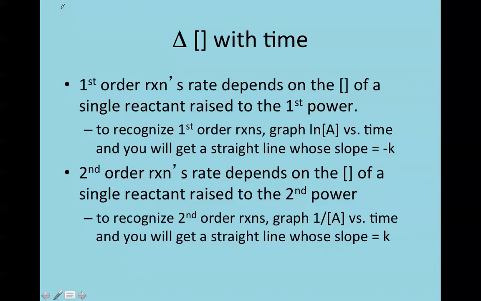Any graph that you ever see of a reaction, if we are graphing on the y-axis the concentration of some reactant, we'll just call it A, versus time, is going to have this general shape.